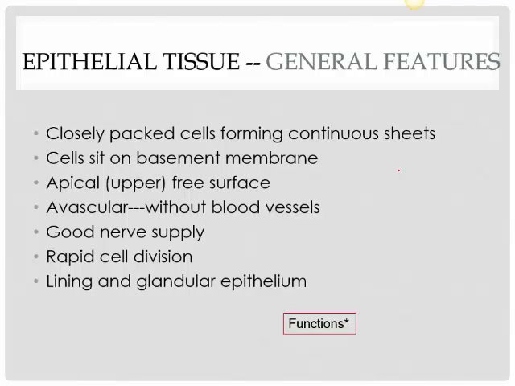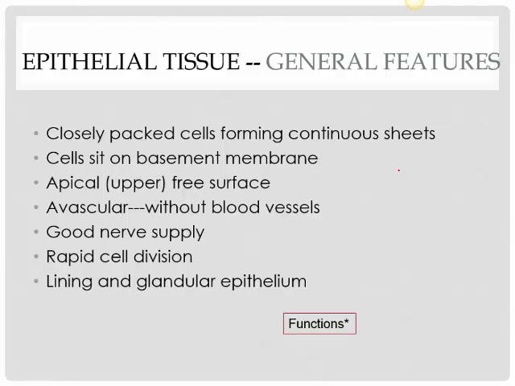So let's look at epithelial tissue, the first type of tissue. Some general features of epithelial tissue. The cells are very closely packed and they tend to form continuous sheets, because epithelial tissue forms the lining of the outer surface of your body or the lining of the inner cavities in your body.